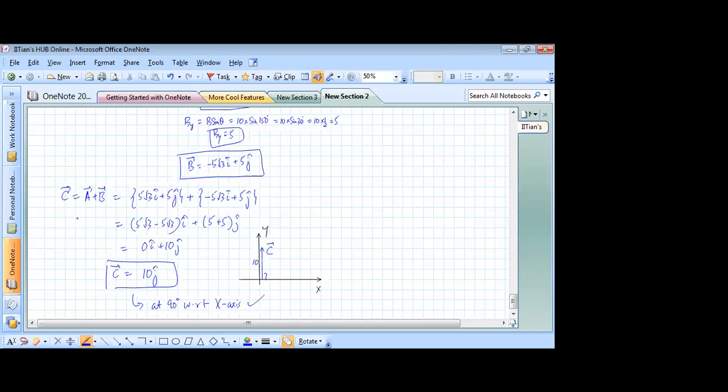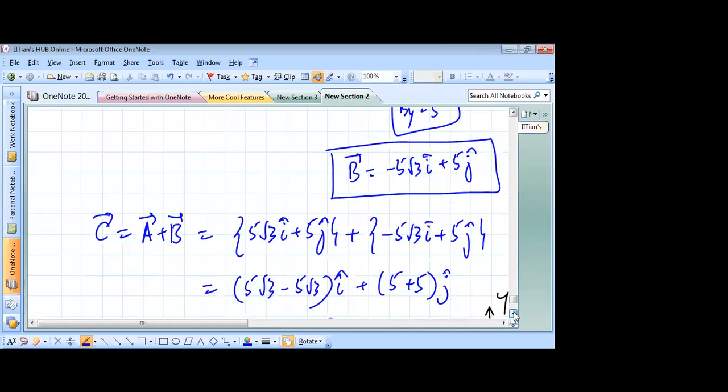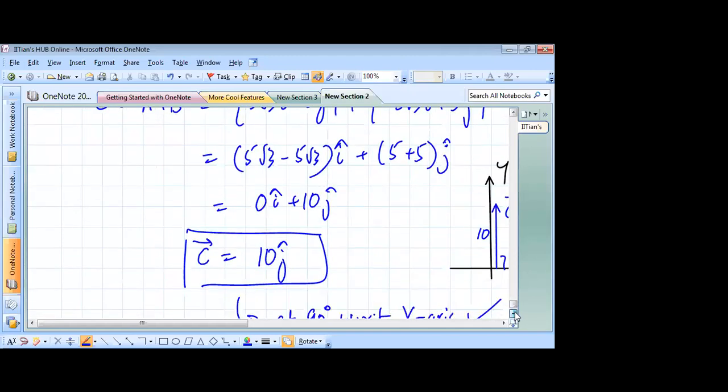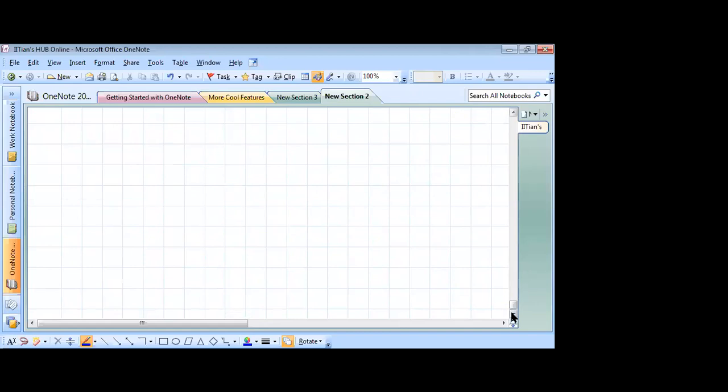So question 8 is actually quite simple. You have to understand the displacement of the tip of the minute hand of a clock. So let us say this is the dial of the clock.